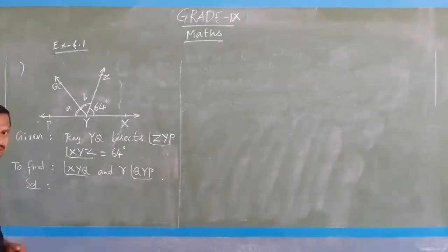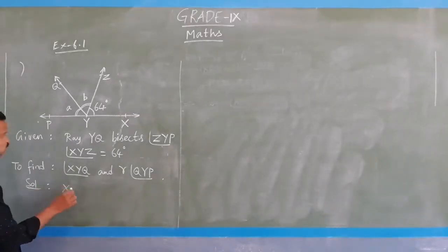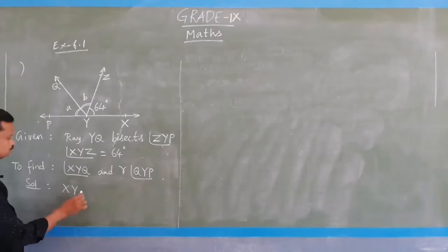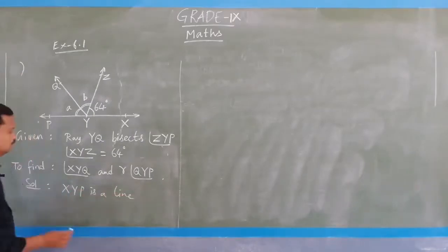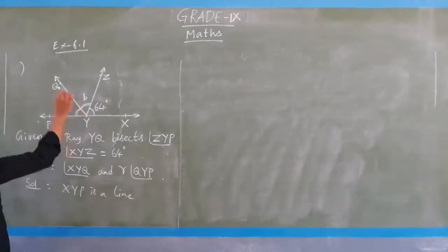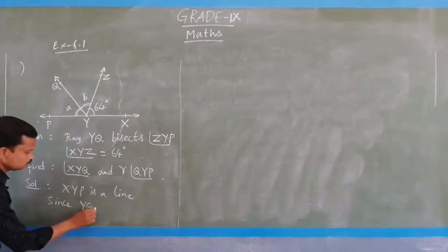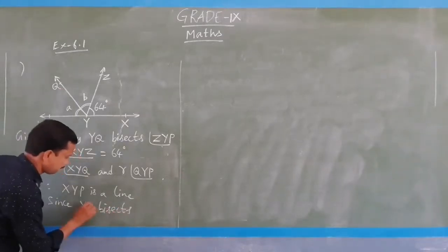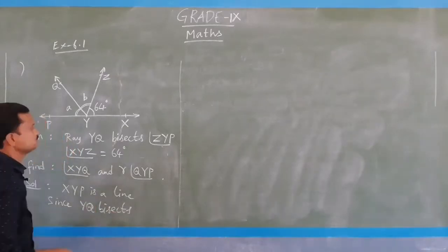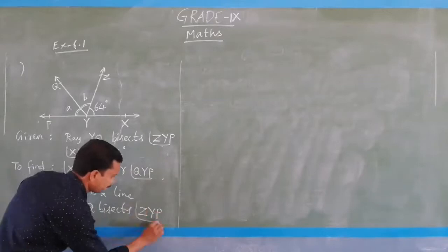Okay, you listen carefully. First of all, XYP is a line, and since YQ bisects angle ZYP, what do you get?